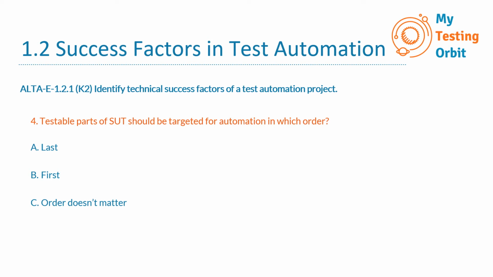With this goal in mind, and also to provide a successful proof of concept, a test automation engineer needs to identify the components or modules of the system under test which can be easily tested with automation and should start from there, which means that B is the correct option.